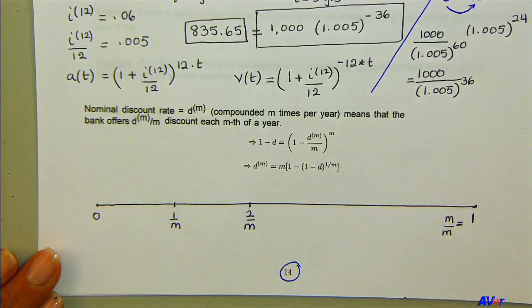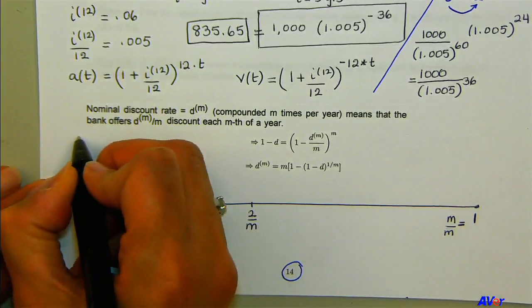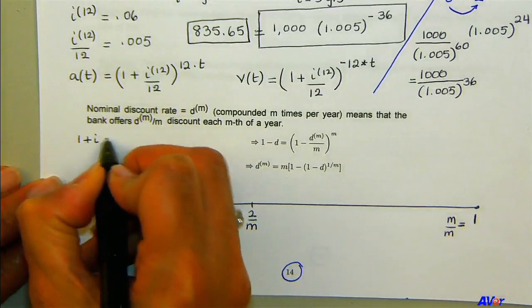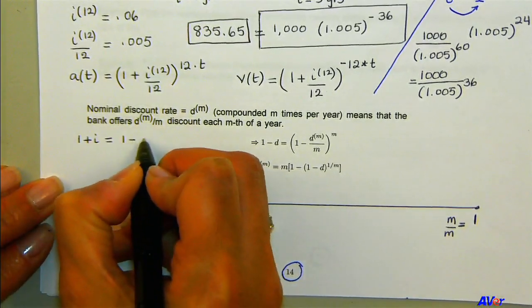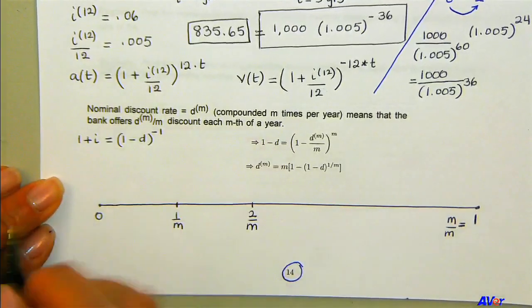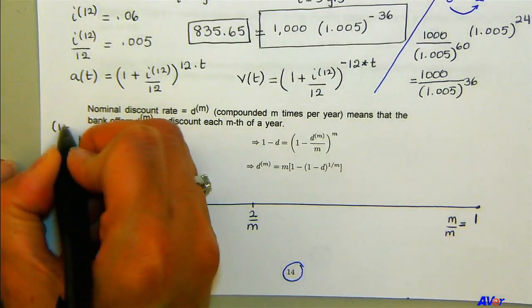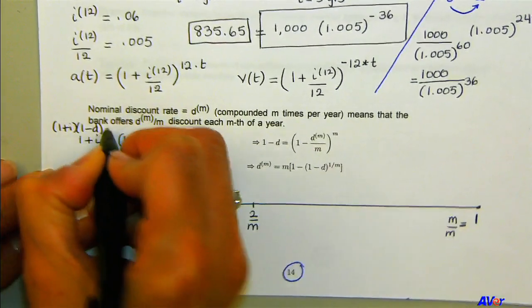Can we just substitute d in terms of i? Yes, certainly. Since we know that 1 plus i equals (1 minus d) to the minus 1 power, we start with this equation: (1 plus i)(1 minus d) equals 1.